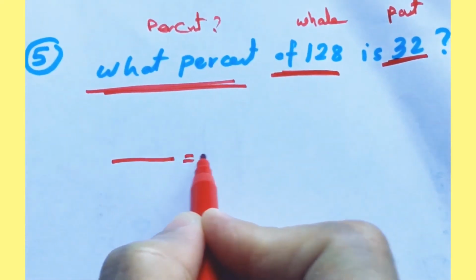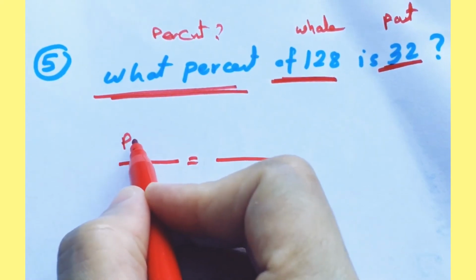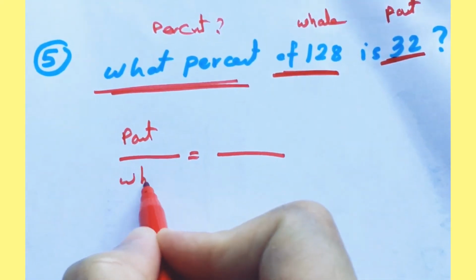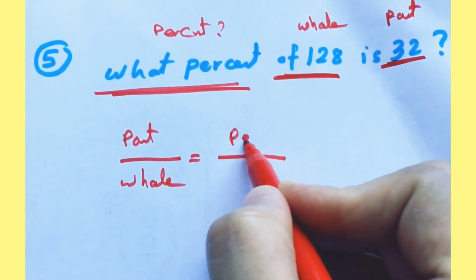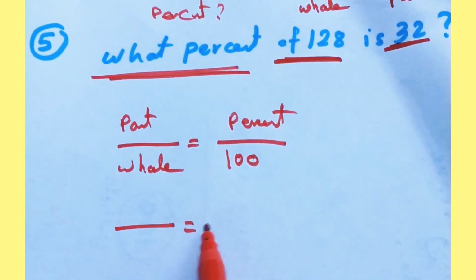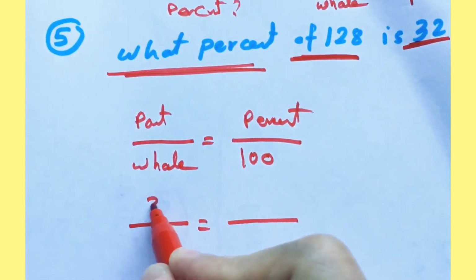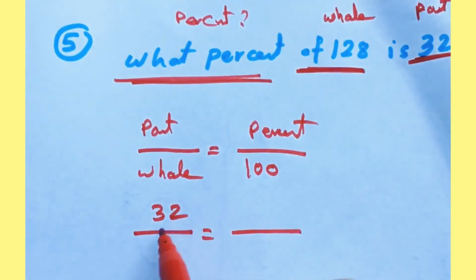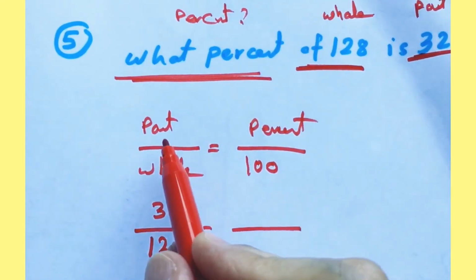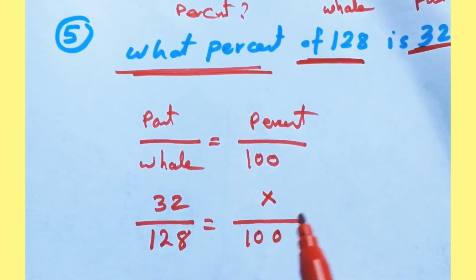Let's put the rule. Part over a whole equals percent over 100. What's the part here? It is 32. The whole is 128. The percent we don't know, so I'm going to put X, and the 100 is here.